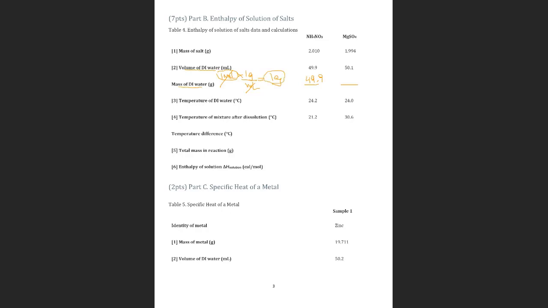So when you have to write mass of DI water, it's the same as the volume in milliliters. And then here you have to complete something else. The temperature difference.